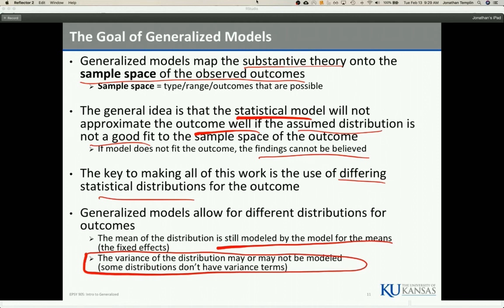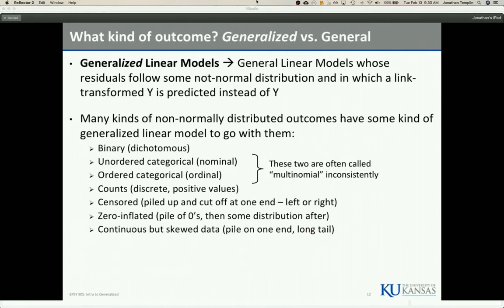And that's because some distributions don't have enough parameters, realistically, they don't have variance terms. But really what we're saying here is that the variance is a function of the mean, right? So if you have the variance of y, really it's some type of function of the mean of y. So if you know the mean of y, you also know the variance. So you can't predict both at the same time. That's where this is going.